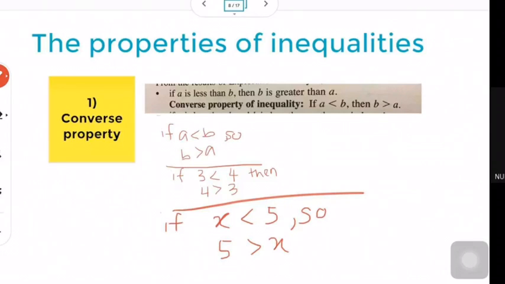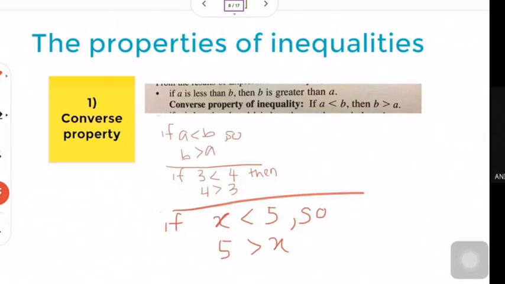Bila kita balikkan, hukum dia tu kena ikut sekali lah. Understand? Yes. Okay, that's the meaning of converse. The symbol must follow the value.